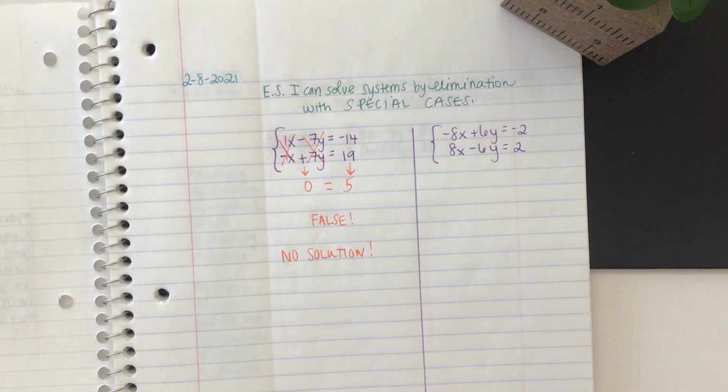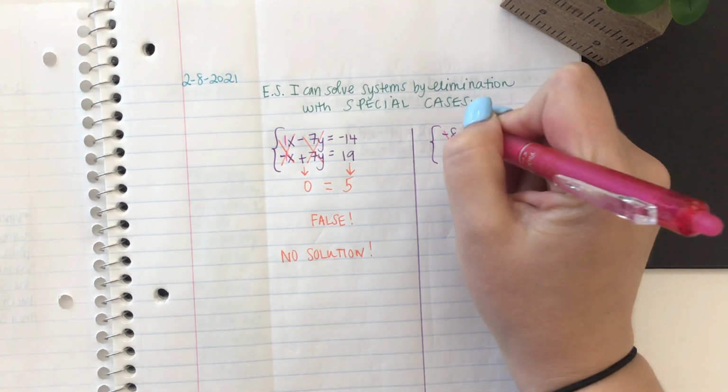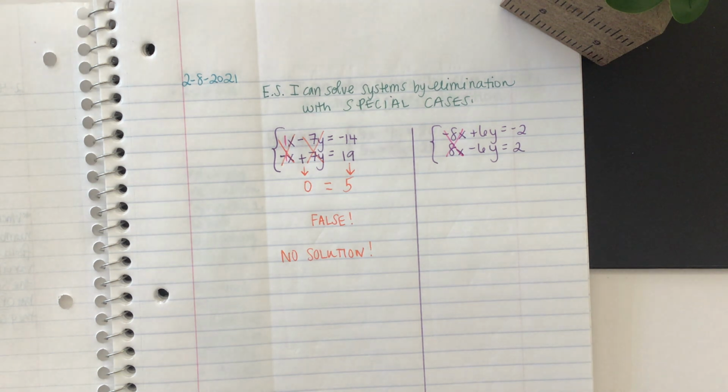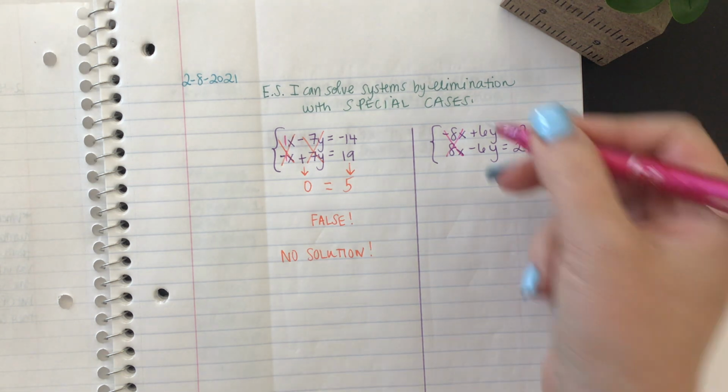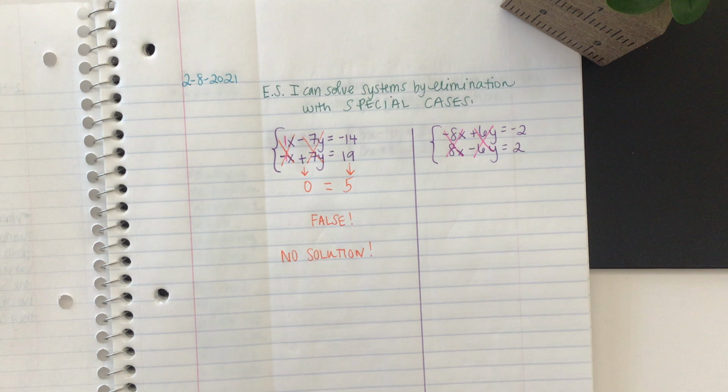Now, on the opposite side, we have another example, negative 8x plus 6y is equal to negative 2, and 8x minus 6y is equal to 2. Looking at this problem, I can cancel out the x because I have a negative 8 and a positive 8, and I can also cancel out the y because I have a positive 6 and a negative 6.